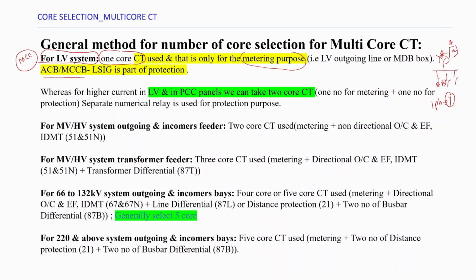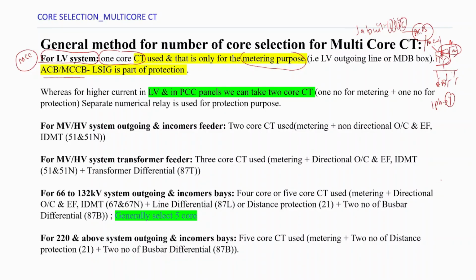At the incomer side, whether it is an MCCB or ACB, we are not using a separate CT for protection, only the CT which is used for metering purposes. ACB and MCCB have inbuilt LSIG: long time overload, short circuit, instantaneous, and earth fault.